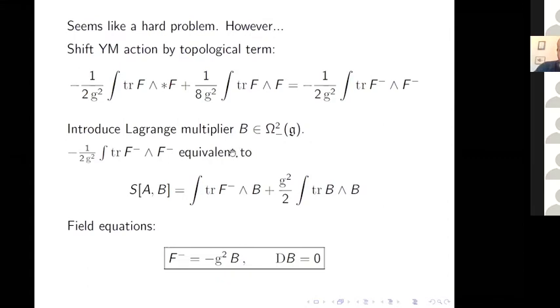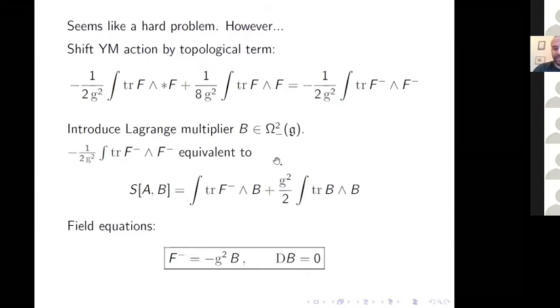So we introduced this Lagrange multiplier, and that means that we can write this trace F minus wedge F minus as a term that's F minus wedge B plus a term proportional to the coupling constant squared, B wedge B. And again, you might ask why. This is just some trivial rewriting of things. The point is that the field equations of this Lagrangian take an interesting form.